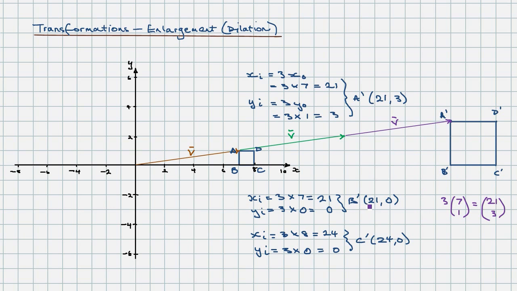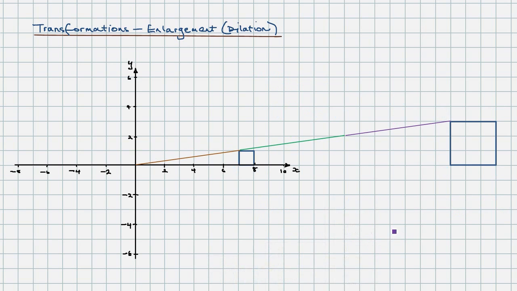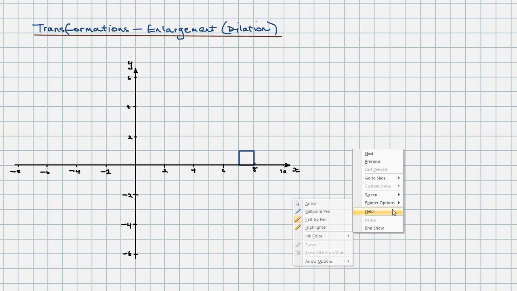Okay, so let's now work on a slightly altered problem. We're going to keep the scale factor, in fact let's write that down. So we're going to keep the scale factor at 3 just for the moment.